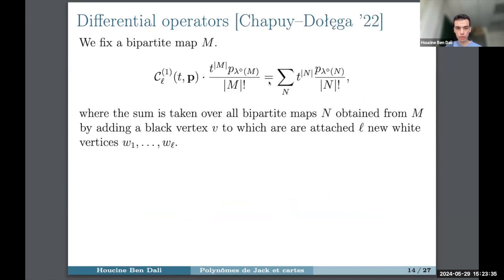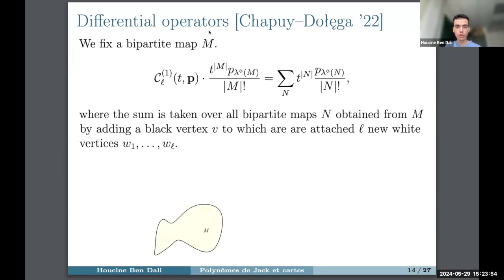do better if we use these operators introduced by Chapuis and Dołęga, which allow to add one vertex. So they do not just add some edges randomly, but they add all the edges which are incident to one vertex. So what does this mean more precisely?